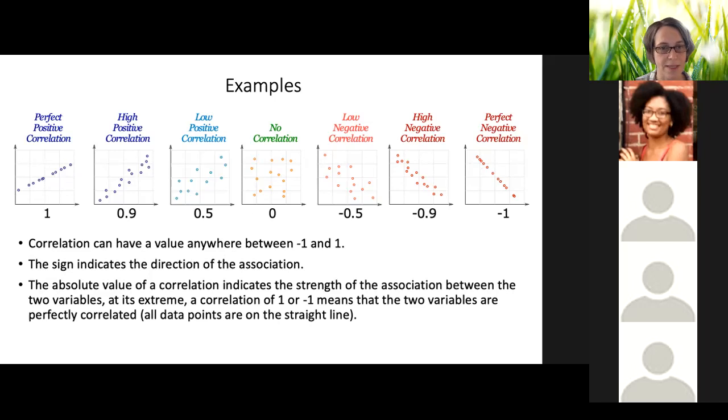The sign indicates the direction of the association. So the extremes are either 1 or -1: -1 indicates a perfect negative correlation, +1 indicates a perfect positive correlation.